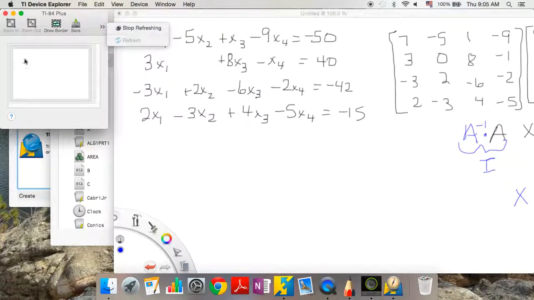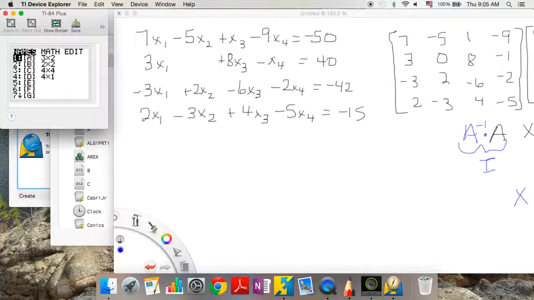So we're going to see if we can get the calculator to cooperate here. And if you remember, you can go to matrix and just pick one of them, whichever one you want to edit. And we're going to have a 4x4 matrix for our coefficients. So you would need to enter all your coefficients into one of the matrices. It's 4x4. Remember, we talked about how to do this in class.